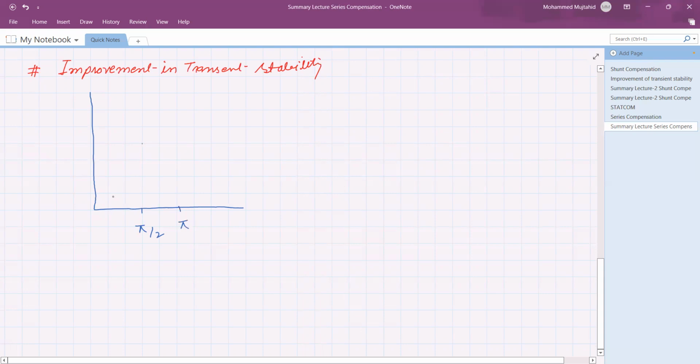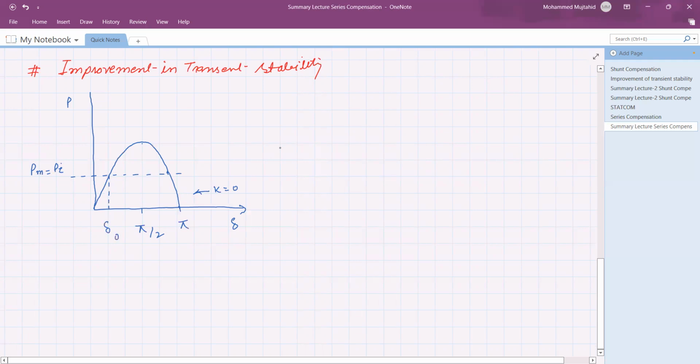It is the maximum power which can be transmitted without any compensation, meaning K is equal to 0. This is angle delta, and this is power P. The system is operating where the mechanical input is equal to the electrical output, so the system is stable at angle delta 0.